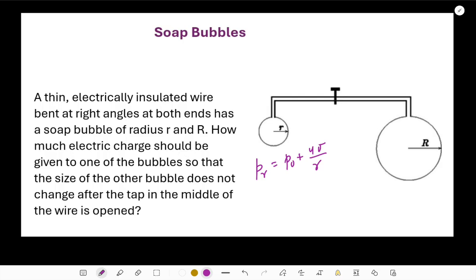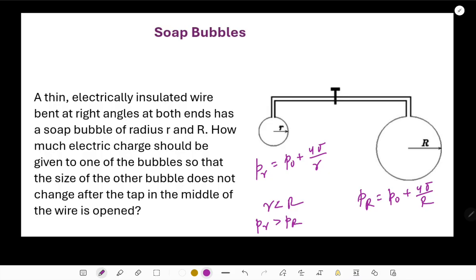Without it, we cannot move a bit. So we have to consider it, and the pressure inside this larger bubble is the outside pressure plus 4 sigma by capital R. And you can see here that small r is less than capital R. That means P_r is greater than P_R.